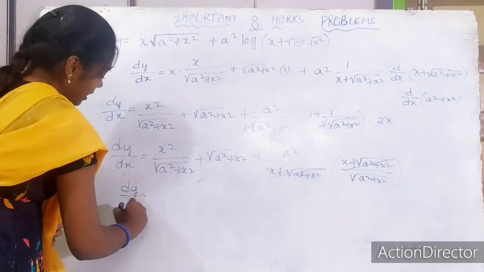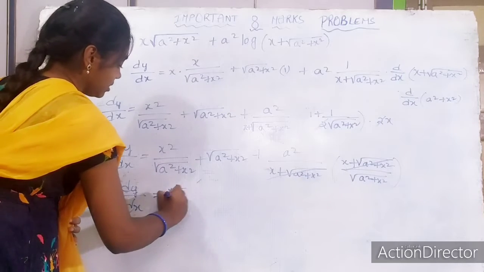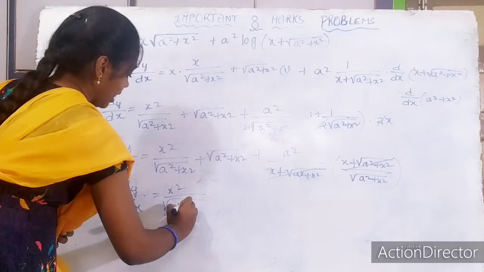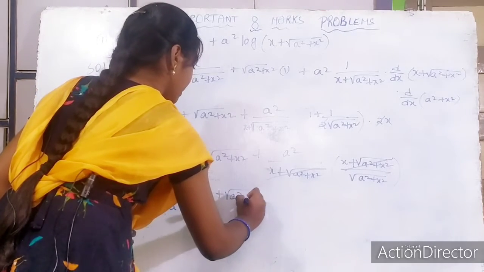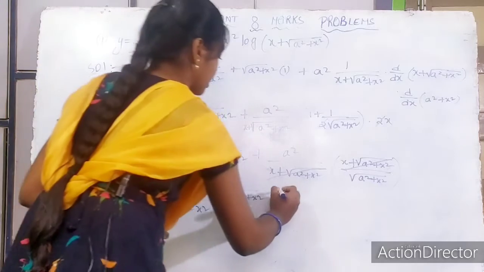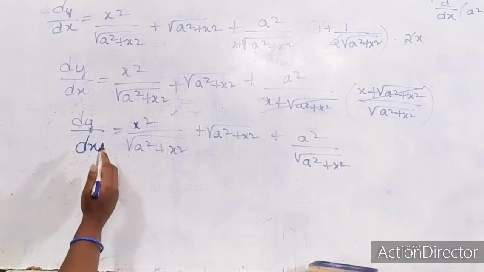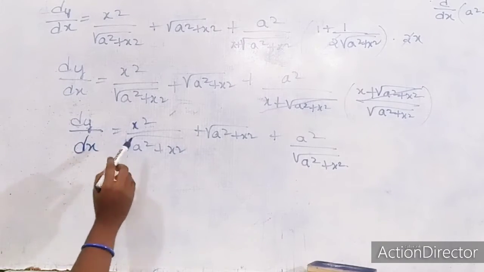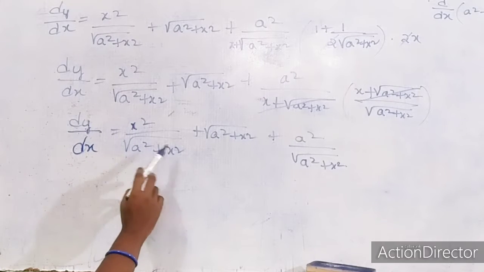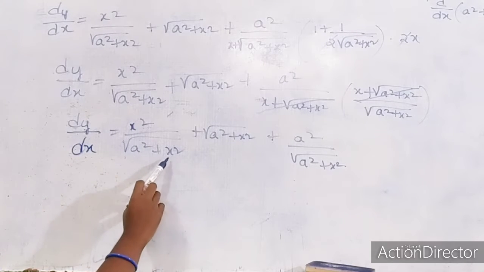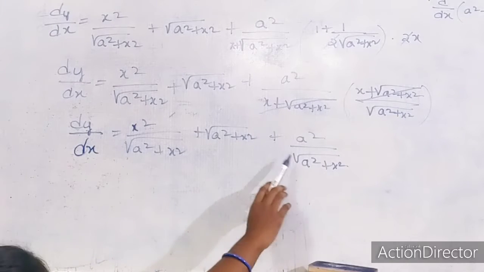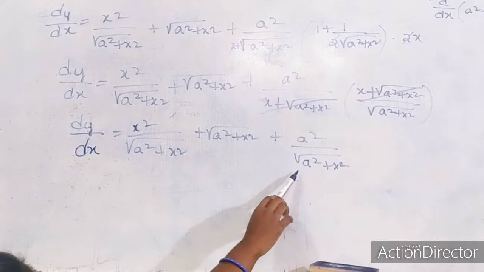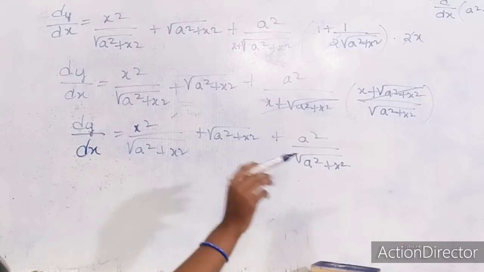So dy by dx is equal to x square by root of a square plus x square plus root of a square plus x square plus a square divided by root of a square plus x square.